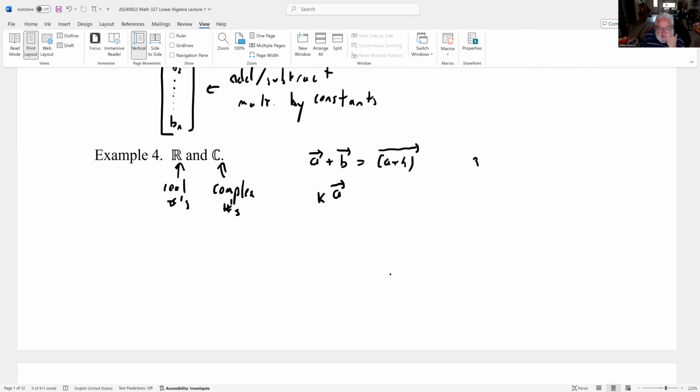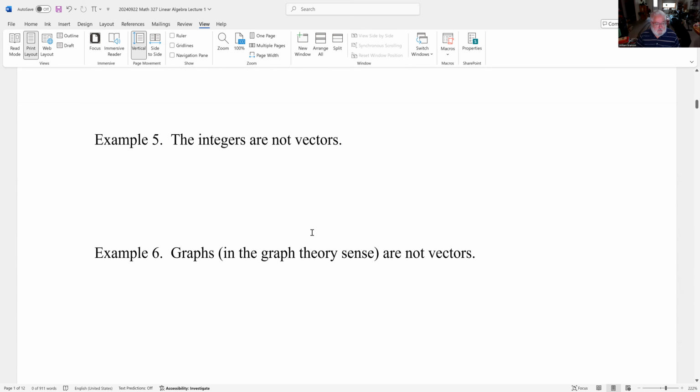So 3 plus 7 equals 10, right? And 7 times 3, if I think of 3 as a vector, gives me the vector 21. It's a little weird, the real numbers by themselves being a vector space, but as we'll see later, that actually becomes very useful in dealing with solutions to differential equations. Complex numbers we're not going to do a whole lot with, but we will mention them going through.